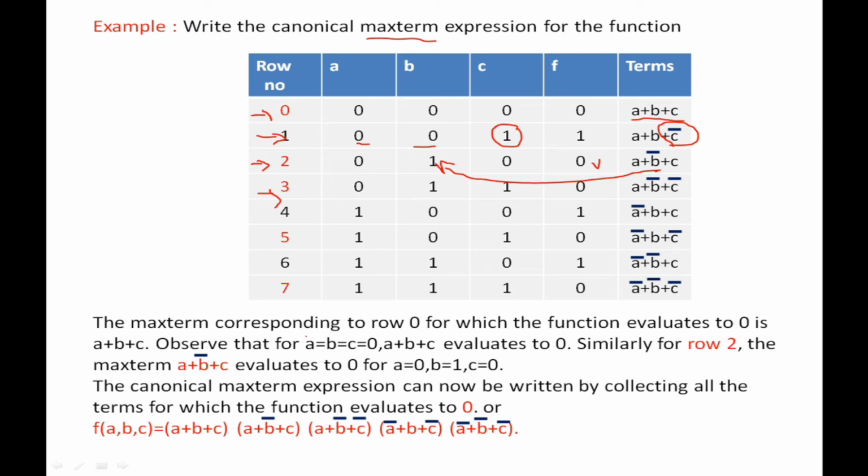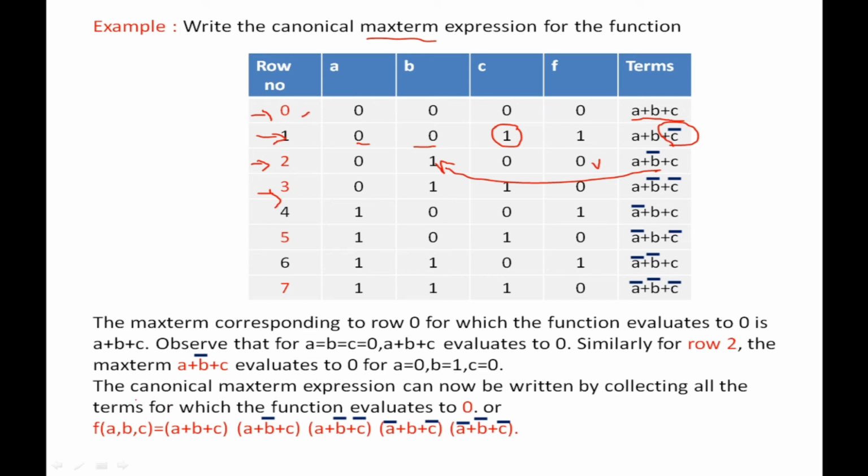So the max term corresponding to row 0, for which the function evaluates to 0, is A plus B plus C. Observe that for A equal to B equal to C equal to 0, A plus B plus C evaluates to 0. Similarly, for row 2, the max term will be A plus B bar plus C, which evaluates to 0 for A equal to 0, B equal to 1 and C equal to 0.